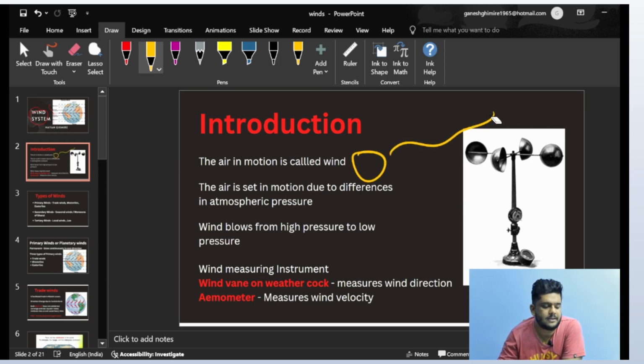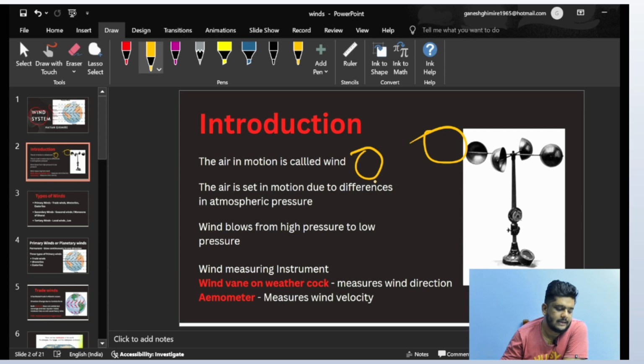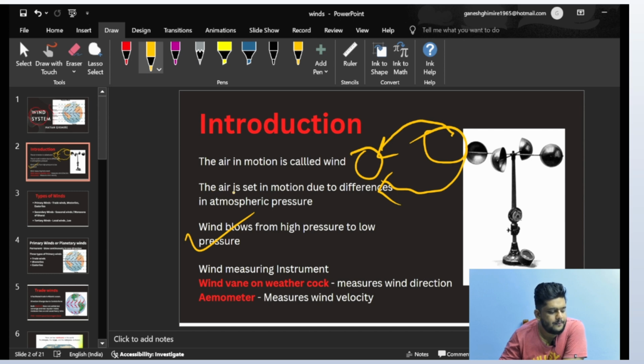It is because of something called pressure belts. As we all know, there are basically two types of pressure belts, right? One is the low pressure belt and the other one is the high pressure belt, right? And we know that wind blows from the high pressure belt to the low pressure belt. It is always from high pressure belts to low pressure belt, as you can see here, right? And point number 2 says the air is set in motion due to differences in atmospheric pressure, right?